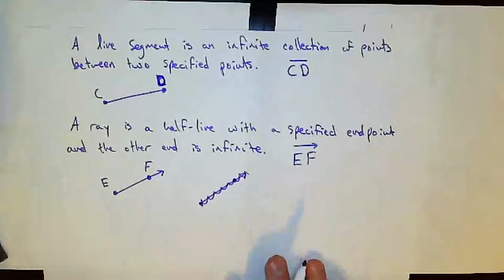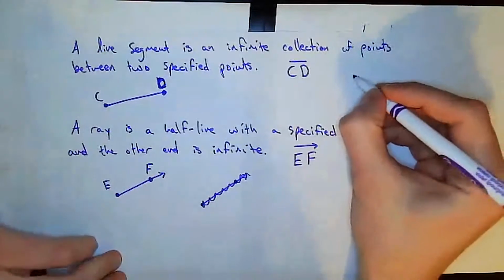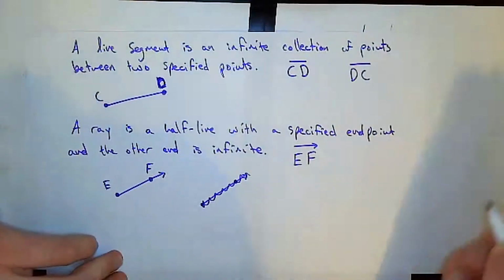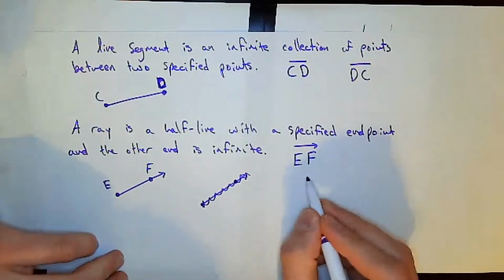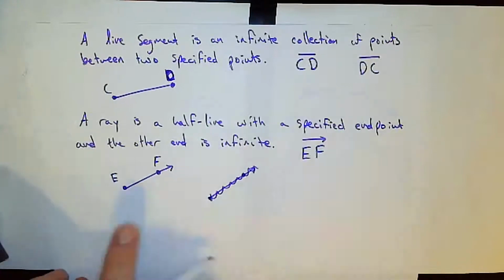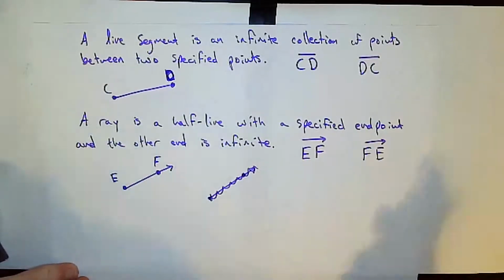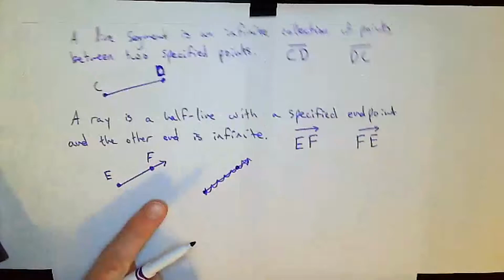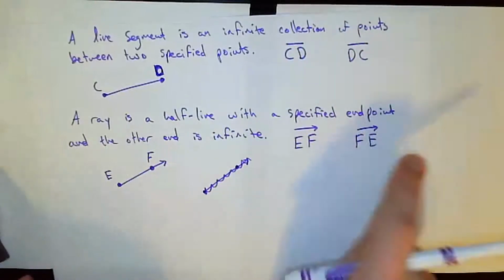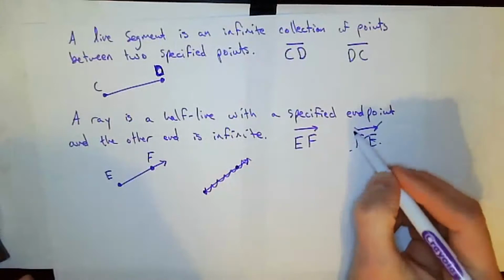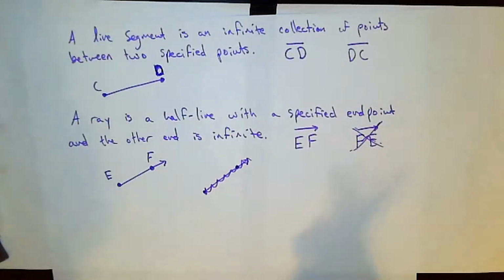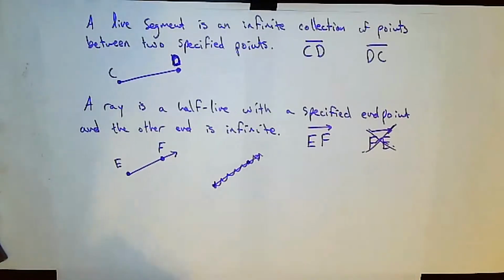This line segment here, CD, I could name as DC if I wanted to. This ray though, I can only write as EF. The direction matters. I cannot write it as FE because the direction of the ray tells me that it's infinite in the F direction, right? Not like this. So this is not correct. So that's an important thing to note there.